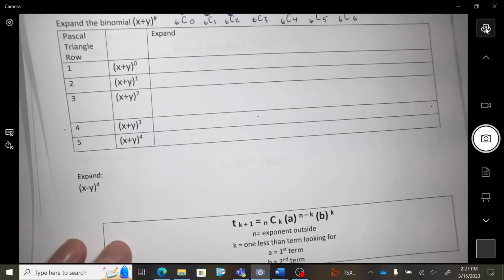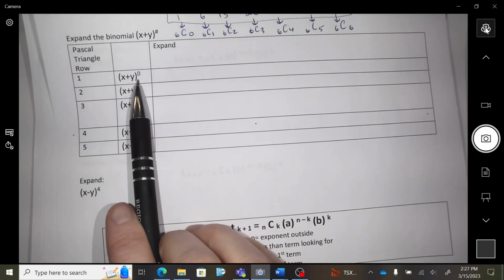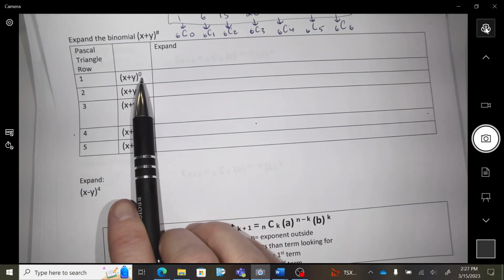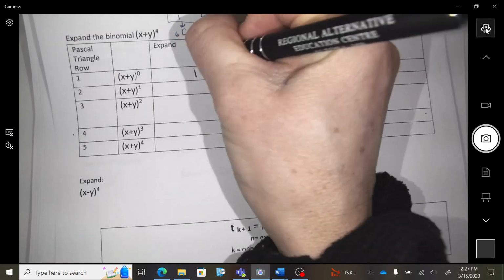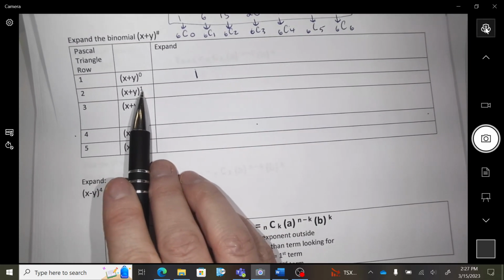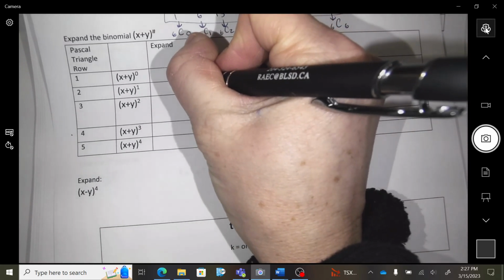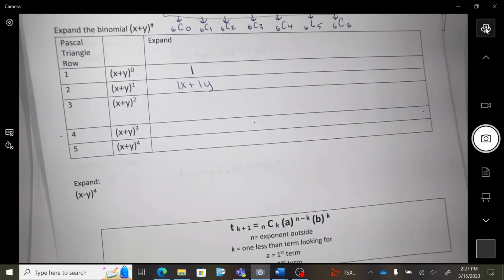Let's go the long way here. If you did this binomial to the 0 degree, what's anything to the 0 degree? 1. If you did this to the 1st degree, it would be just 1x plus 1y. Normally I don't write the 1's in there, but I am specifically doing that so you can see.